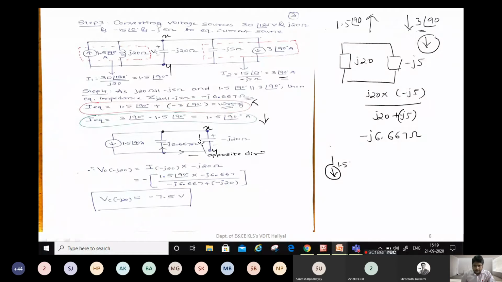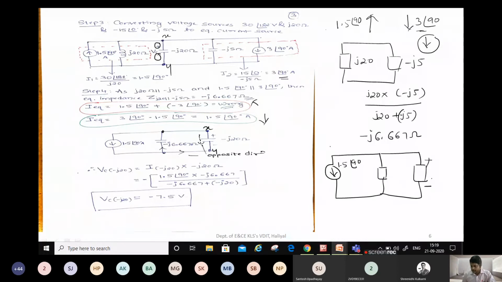It is 1.5 at an angle 90. Then I have one impedance here, and another impedance is available here where we want to calculate the voltage, and polarities are already mentioned, plus and minus, you can see here. They are mentioned everywhere. Okay.